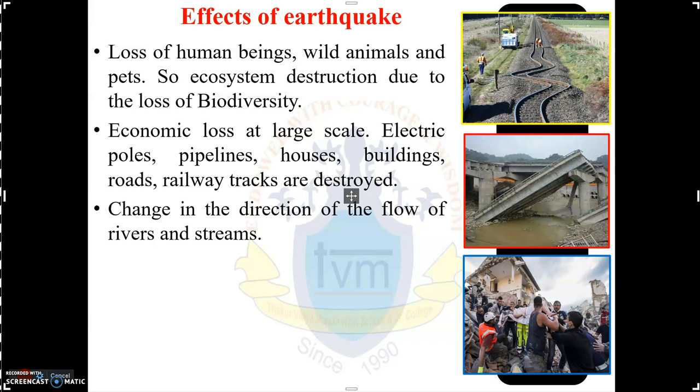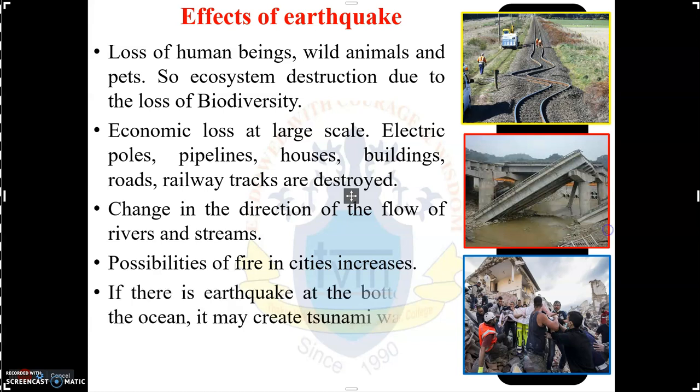Earthquake can also lead to a change in the direction of the flow of rivers and streams. Possibilities of fire in the cities increase because of the earthquake. If there is an earthquake at the bottom of the ocean, it may create tsunami waves also, and thereby large-scale destruction of coastal regions is possible.